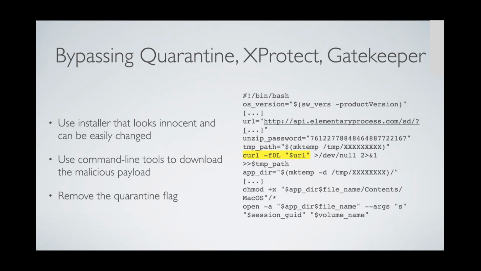Is it legitimate? They have no idea, because the bad guys change where these things are getting downloaded from all the time. The other thing they can do is remove the quarantine flag from what they download, which allows it to run without any kind of interference from macOS.